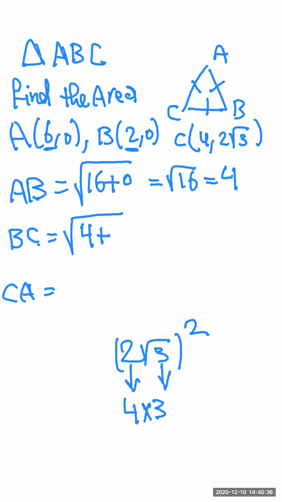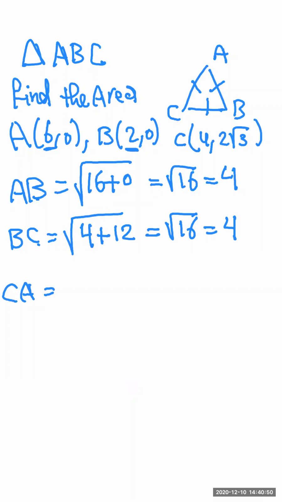So 4 times 3 means 12. So it will equal the square root of 16, so it will equal 4. Okay, till now 2 sides are equal. Great. Then we have to get the third side length to prove that they are equal, so that the triangle is equilateral. Okay, CA, 4 minus 6, negative 2. Negative 2 squared means 4.